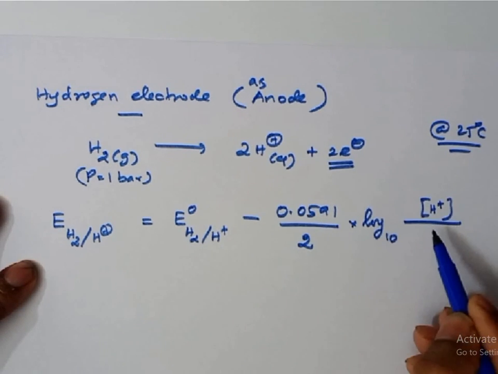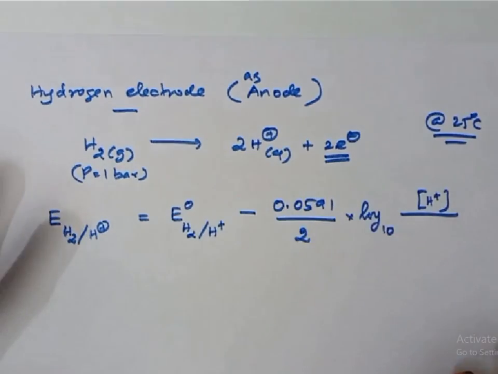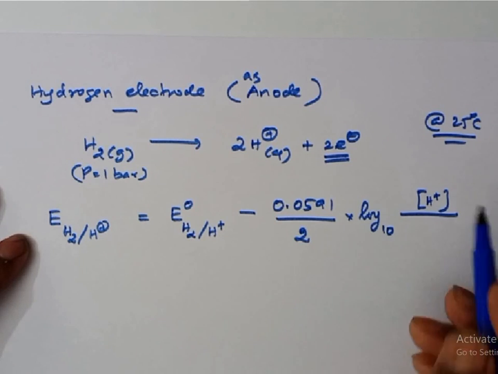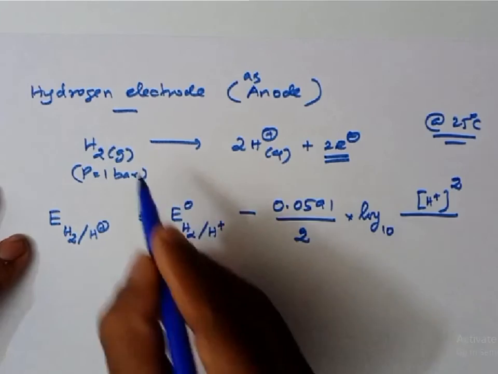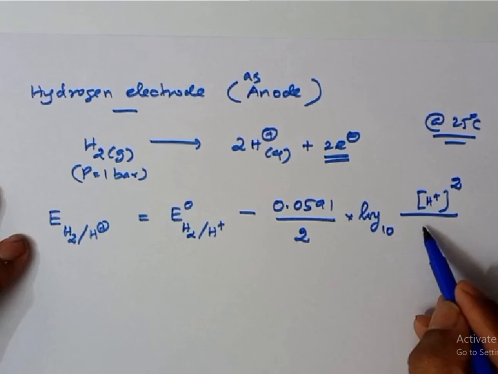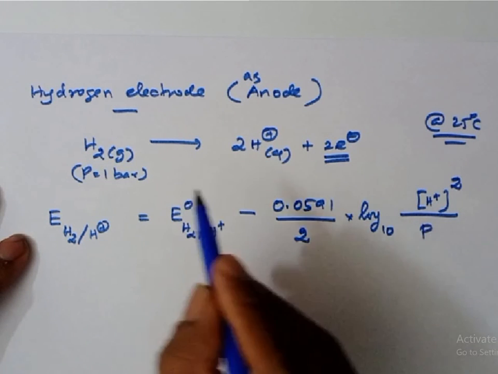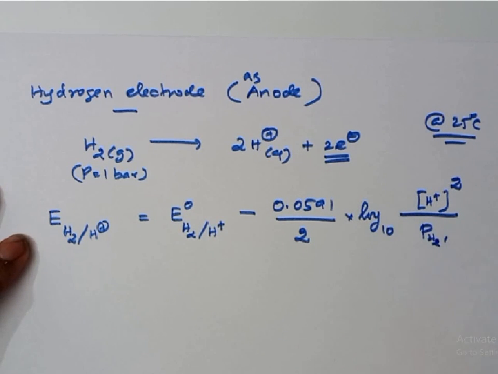Actually we should put activity, but let us assume the concentrations are very, very low, so instead of activity we can use concentration itself. So the H plus concentration to the power 2 divided by, on the reactant side we have hydrogen gas, so whenever a gas is given, instead of concentration you take the pressure of the hydrogen gas.